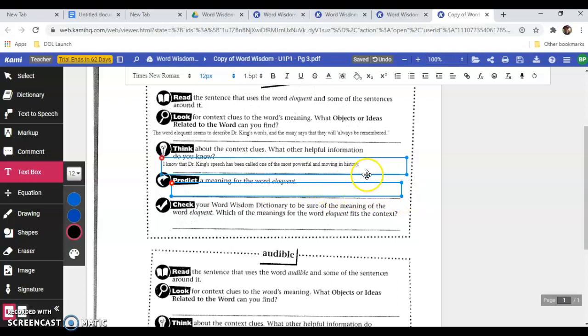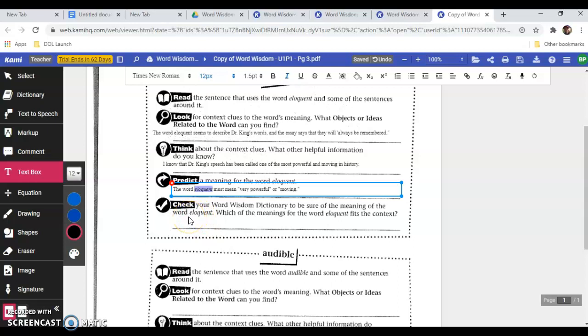Then I'm going to type my prediction. I'm going to make it a little fancy and take the word that's being used and put it in italics like it's used in the examples, just because I can.